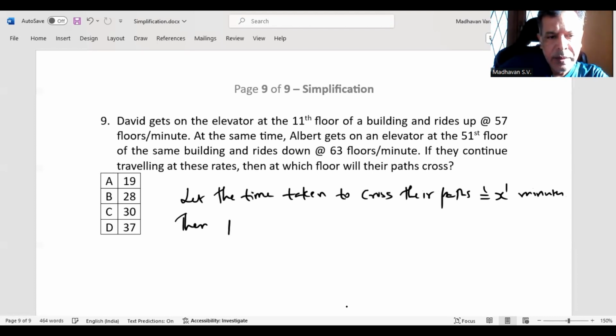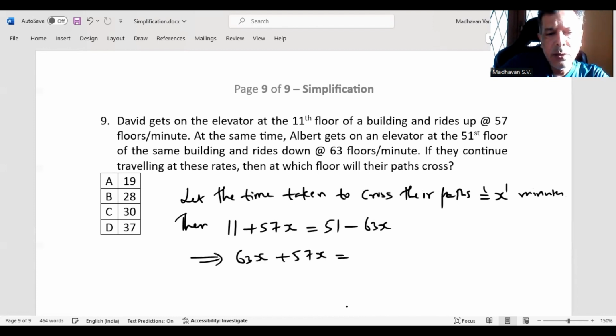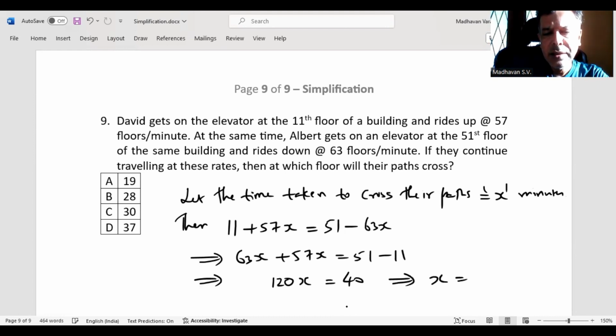It means that 11 plus 57 times x should be the same as the 51st floor, and he is coming down, so minus 63 times x, which means 63x plus 57x equals 51 minus 11. 120x is 40. That means x is 40 by 120, which will give us 1 by 3.